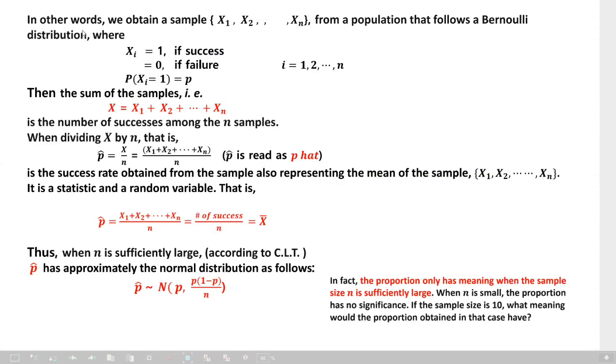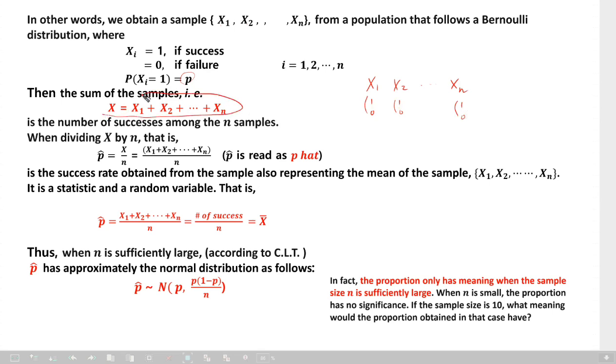In other words, we obtain a sample x1 up to xn from a population that follows a Bernoulli distribution, where, because these are IID, xi is 1 if success, xi takes 0 if failure, i from 1 up to n, right? Identically, the probability of xi equal to 1 is small p, the success rate. Now, we sum these samples, x1, x2, up to xn. Each takes 1 or 0.